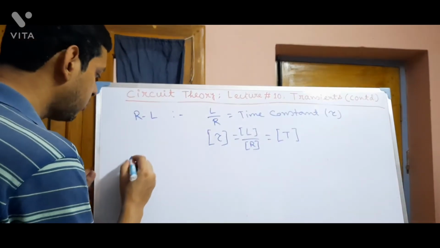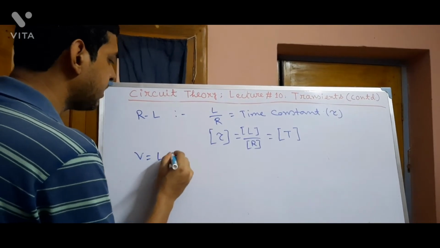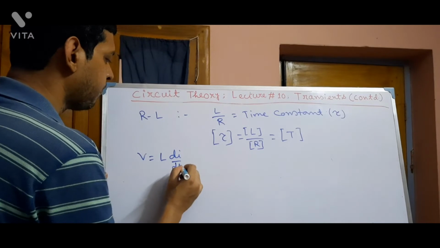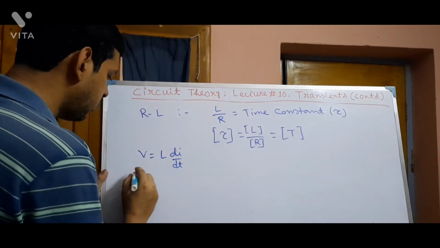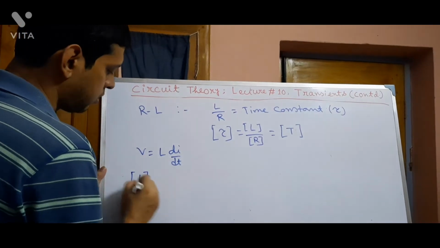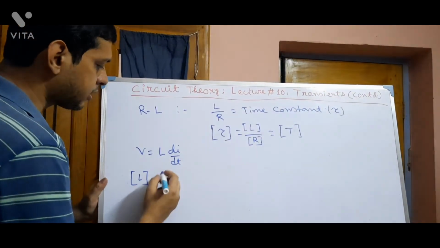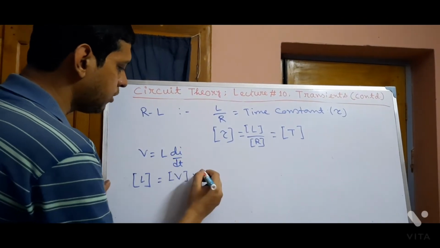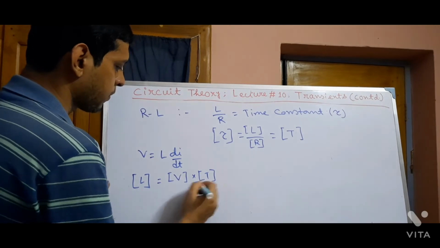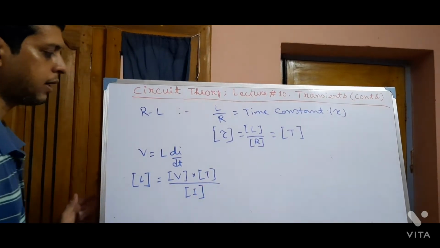Now we know that V equal to L di dt. So the dimension or the unit of inductance equal to the unit of voltage into the unit of time into the unit of current.